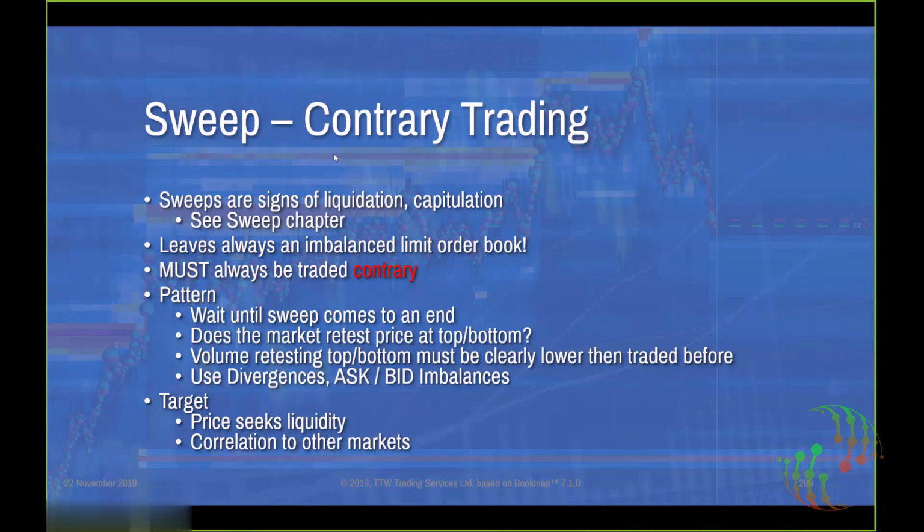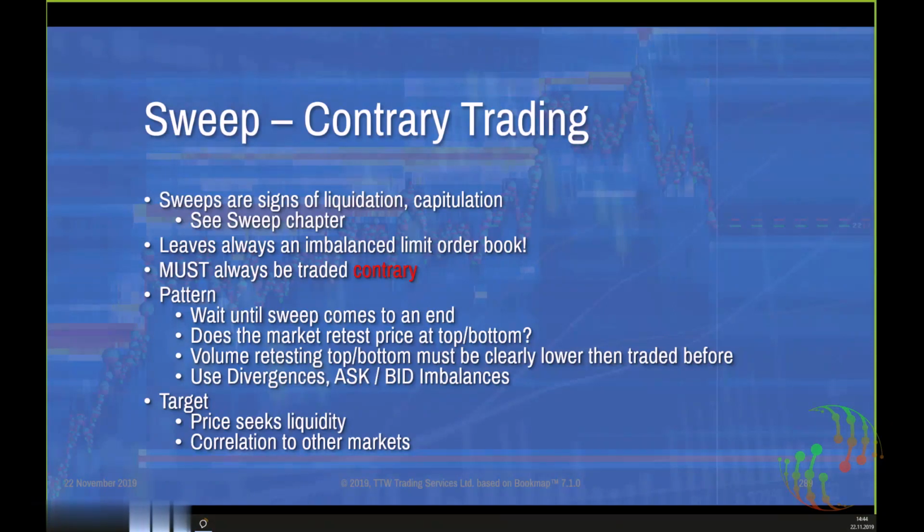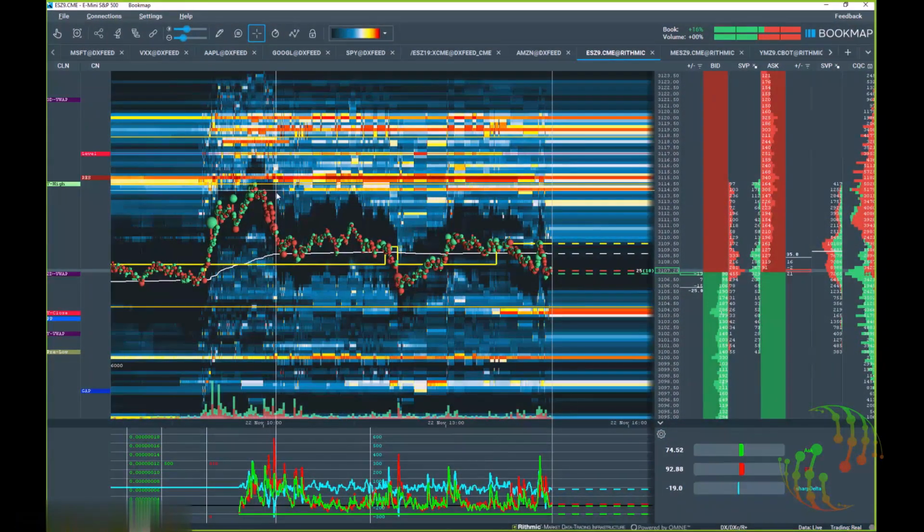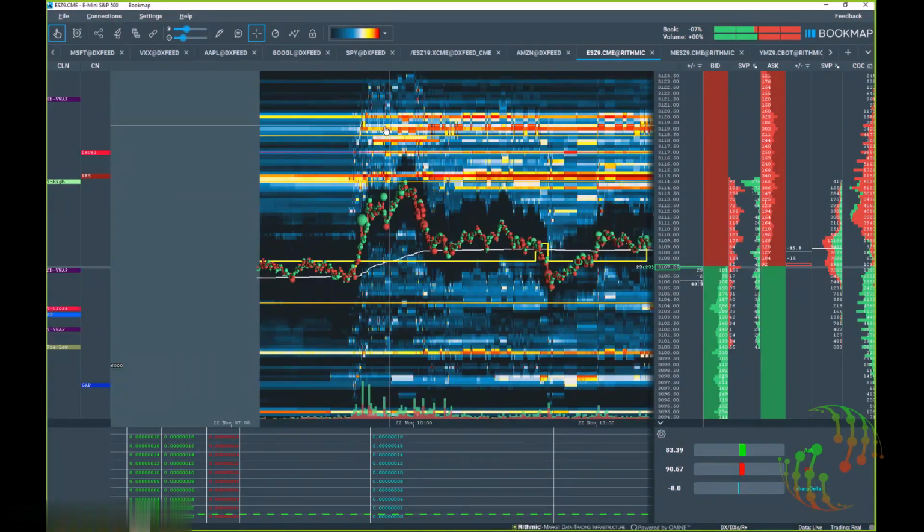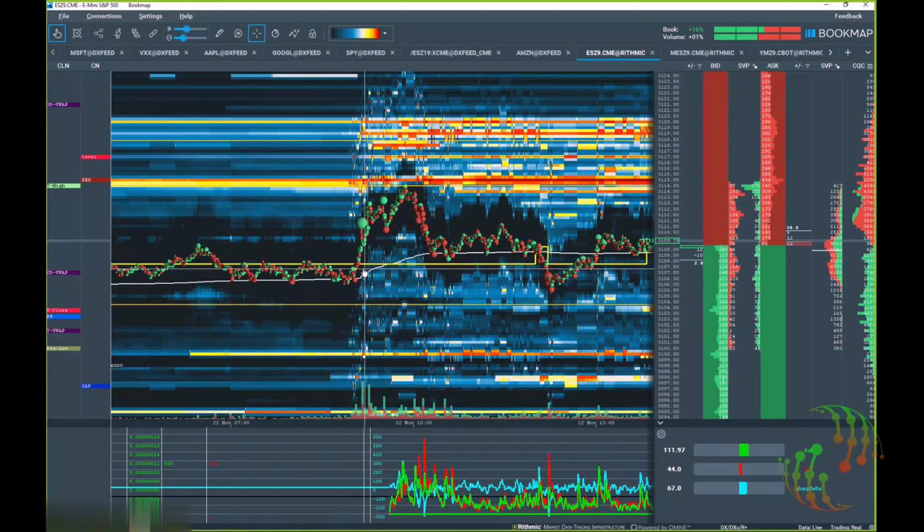I will show you, we can't replay or go back, but let's talk theoretically about what happened today in the ES. Let me go back to this event here. It was the pre-open here in Europe, in the UK and Europe, 8 and 9 o'clock AM.